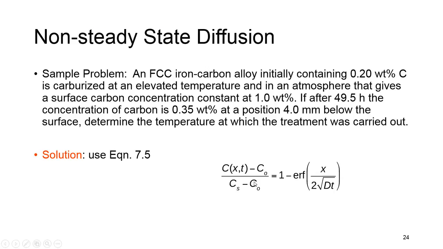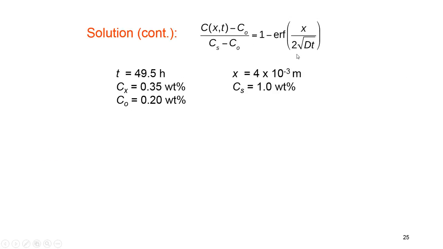So if we use these values and plug them into this relation, we can find the value of the error function. The value of the error function from these known values is 0.8125.